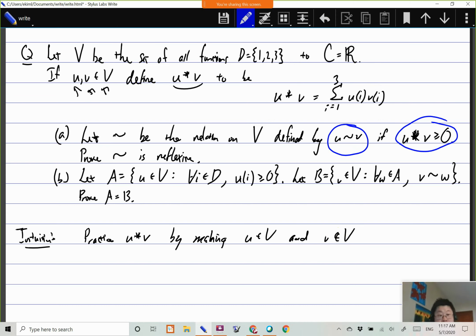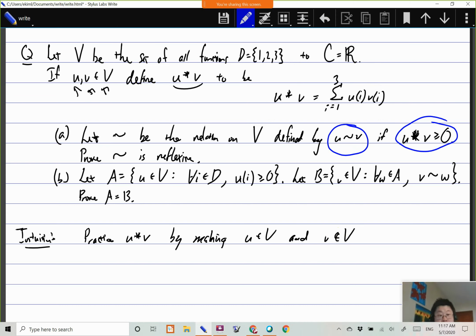So I'm going to define little u to be a function from the set {1, 2, 3} to the reals with a rule. I just wrote it out; I could have written a capital D instead of the curly brace business here. So I'm just making a function with domain of cardinality 3, codomain any real number. One way to write down the rule for the function, as a reminder, is with ordered pairs: (1, 6), (2, 0), (3, -8).